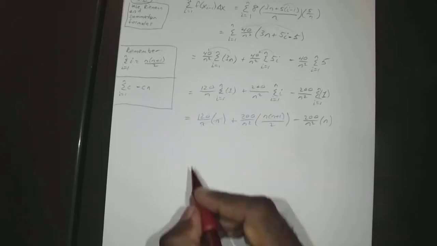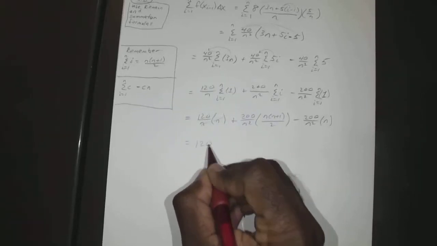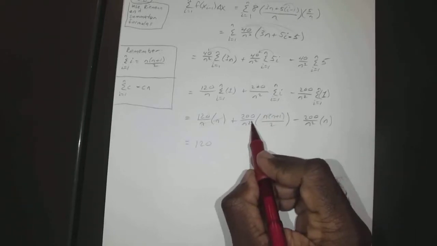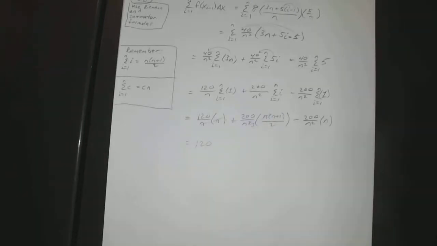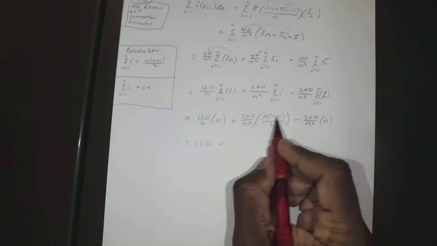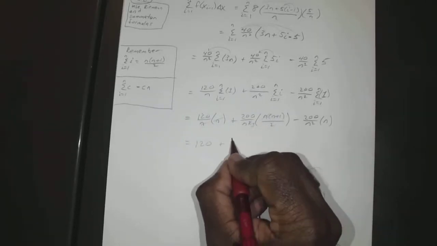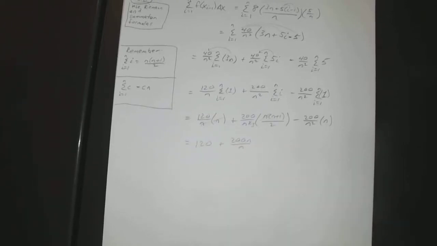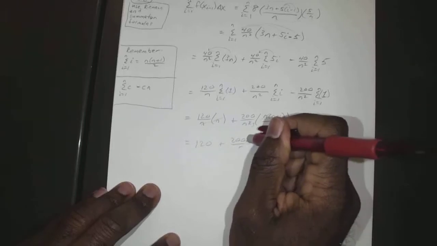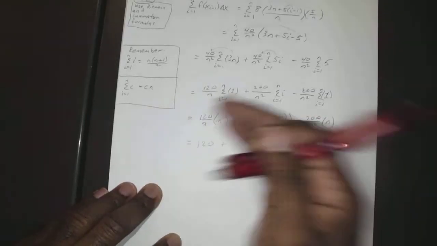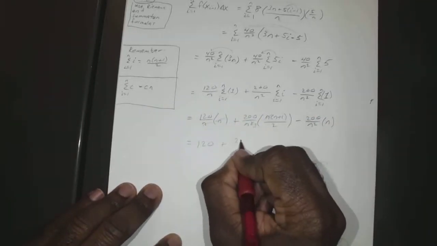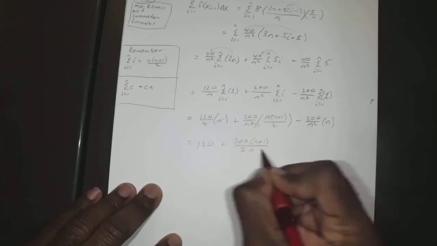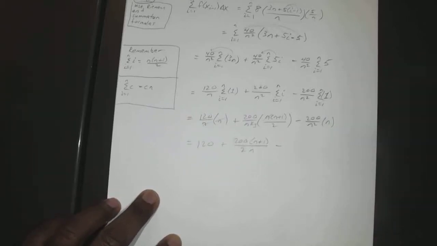Okay, so these two cancel out. So you're left with 120. That n and one of those n's cancel out. So you're left with 200n over n. Well, actually, let me stop skipping steps, so go through the steps themselves. So you have 200 times n plus 1 over 2n. I'll simplify it in the next step.